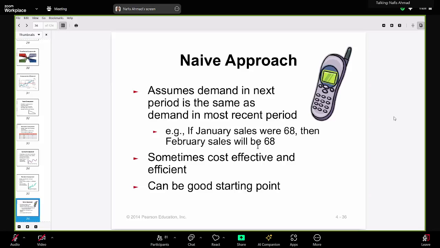Sometimes cost effective and efficient. Normal shop owners sometimes follow this. For example, the demand for eggs: what was the demand yesterday? The demand will be the same today, and the shop owner will make preparation like this. It can be a good starting point.